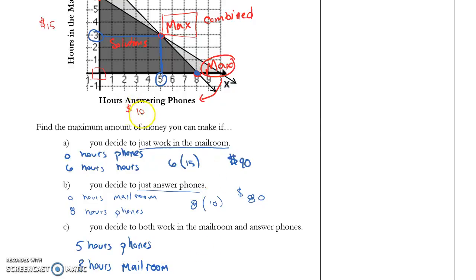And since phones are $10 per hour, mailroom is $15 per hour. $15 times 3 hours, we can calculate to see how much they'd pay you. 50 plus 45, $95.